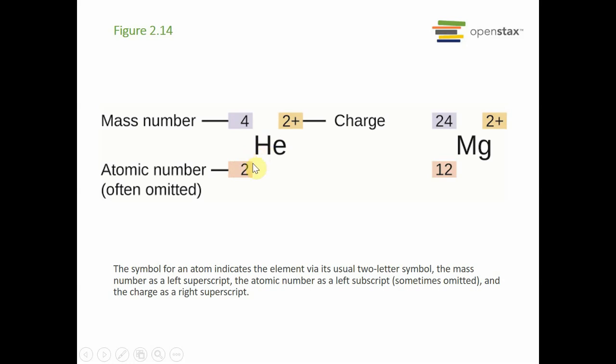Anytime you see He, it would have the atomic number, which is sometimes omitted here, as 2. In this particular case, we're talking about the isotope that has the atomic mass of 4, which is the most common kind of helium.